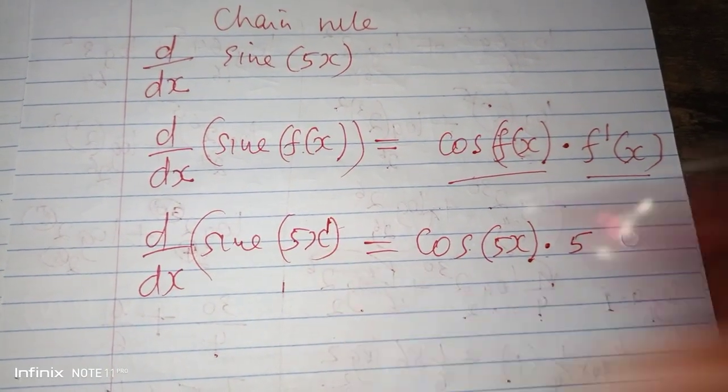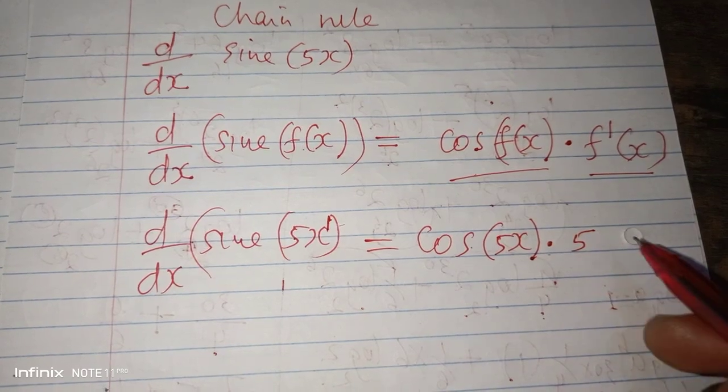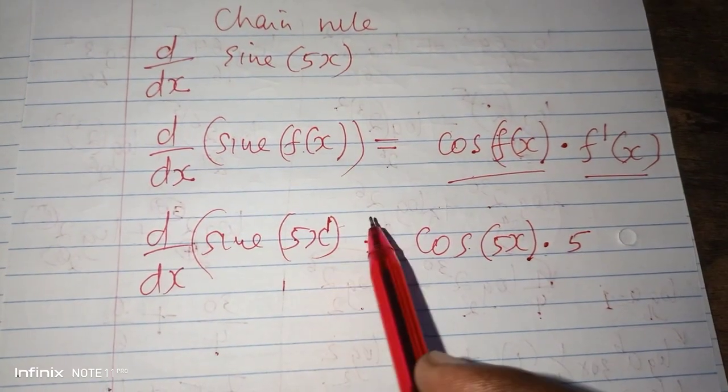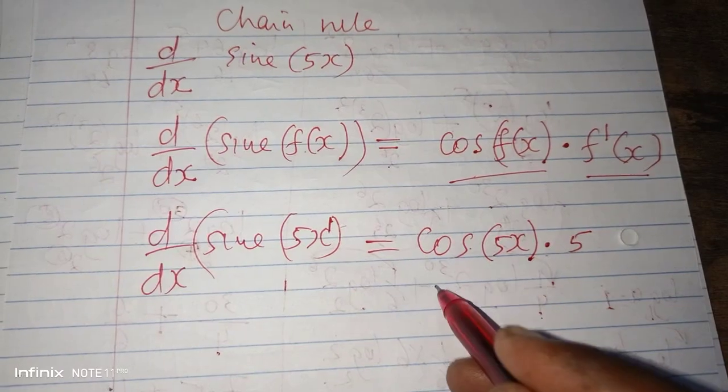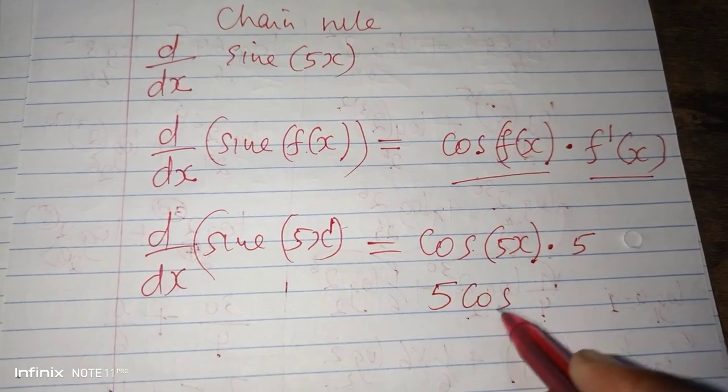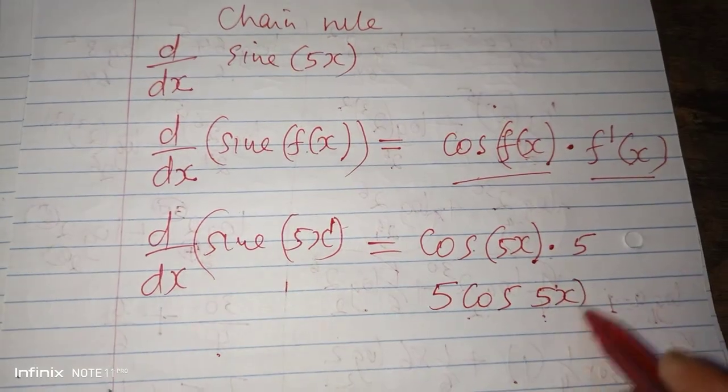Reduce the power by 1, it becomes 0, so the x disappears. So the derivative of 5x is just 5. So then I'm going to have the answer as 5 cos 5x.